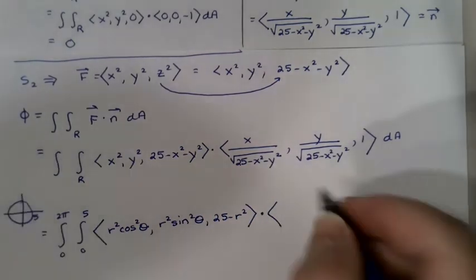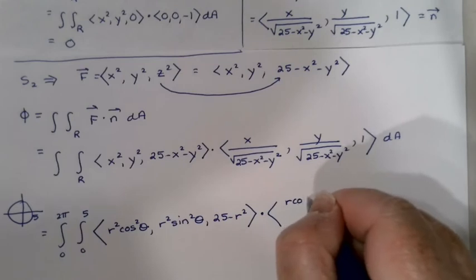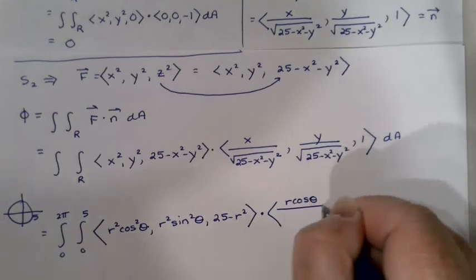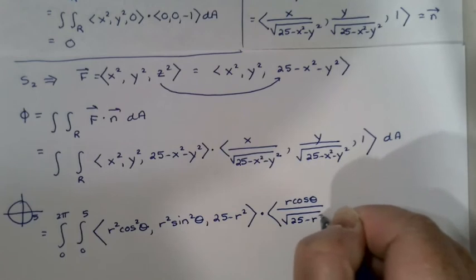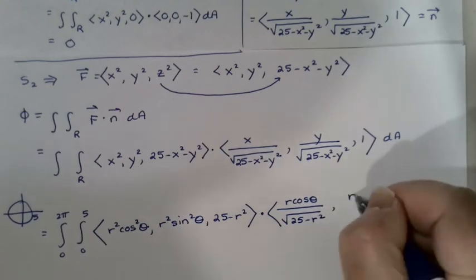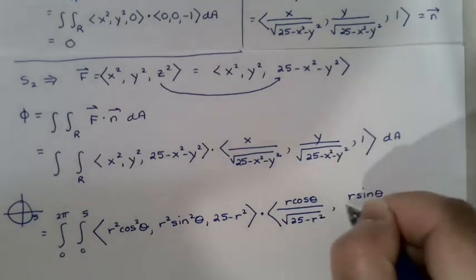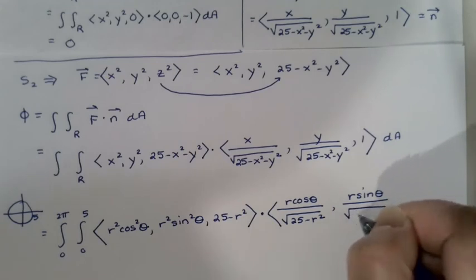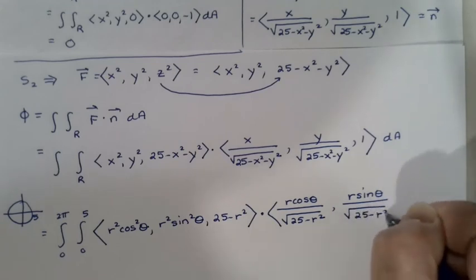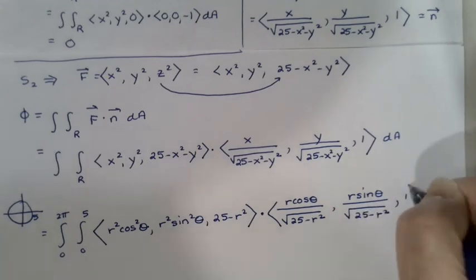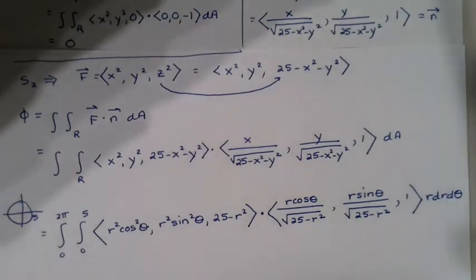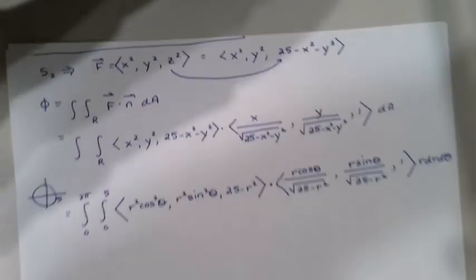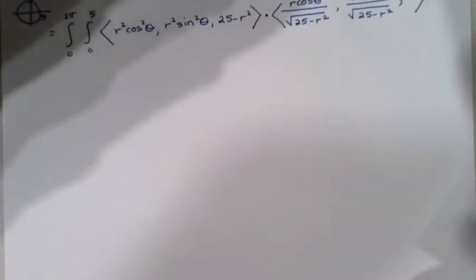And then the dot product with r cos theta over the square root of 25 minus r squared, r sine theta over the square root of 25 minus r squared, and 1. r dr d theta. All right, we got it all set up. We're ready to start evaluating.